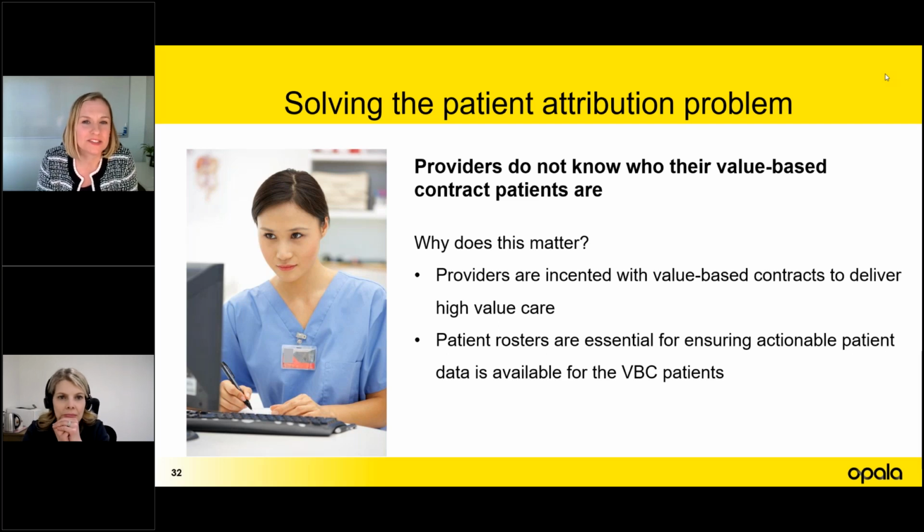So I wanted to start by sharing a slight tangent, but a backstory for how MultiCare and Opala came to even be prioritizing this IG for implementation. Initially, we actually set out to solve for extracting data from the EHR for a payer.